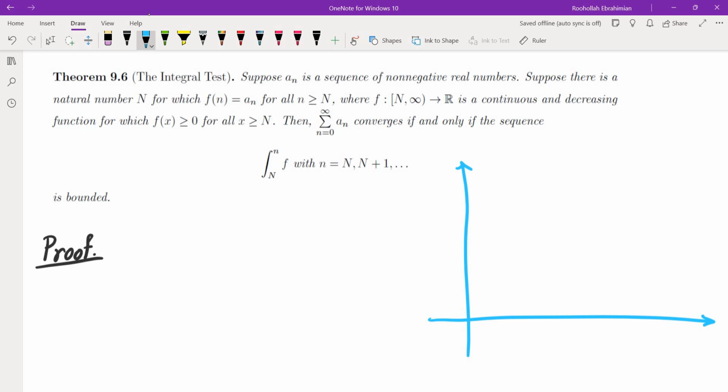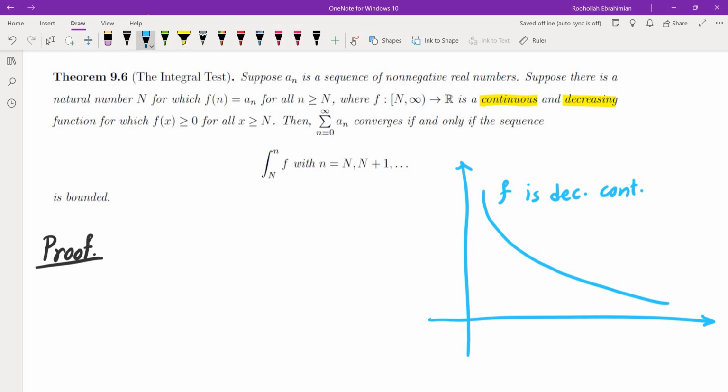Then the sum of an converges if and only if the integral is bounded. Okay, so let me put that in a diagram. Let's say you have a function like this. It is important that this function f is decreasing and continuous, so you're going to have to check these conditions: continuous function and decreasing function.